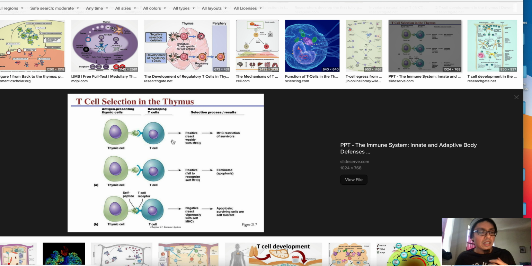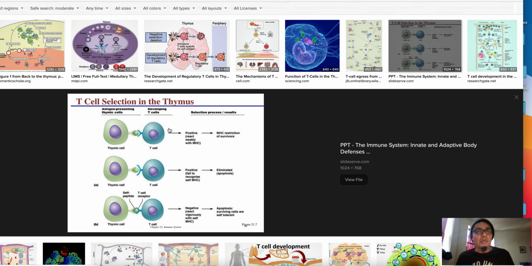They have to build the receptors. Once they build their receptor, then they have to test whether they are able to interact with MHC molecules. At first, T cells express both CD8 and CD4 glycoproteins. Both of these are there, and they help in MHC recognition, major histocompatibility complex recognition.